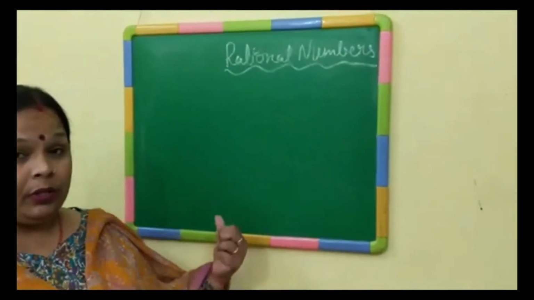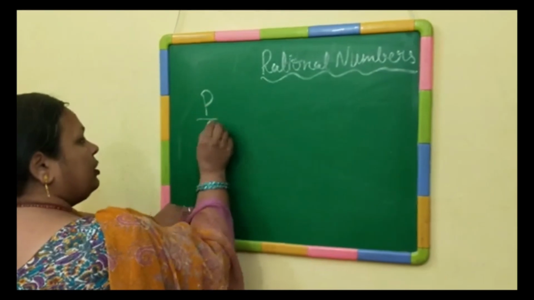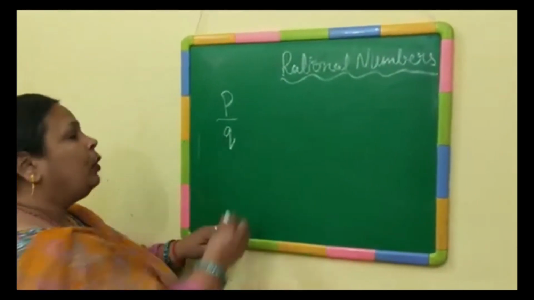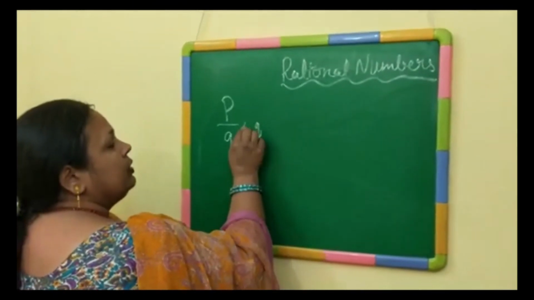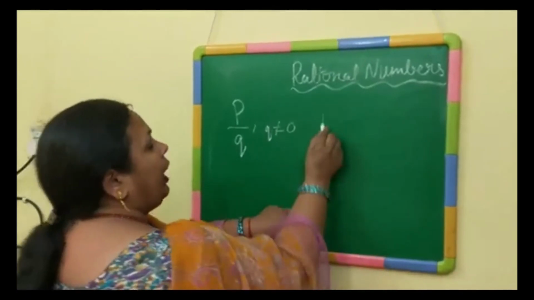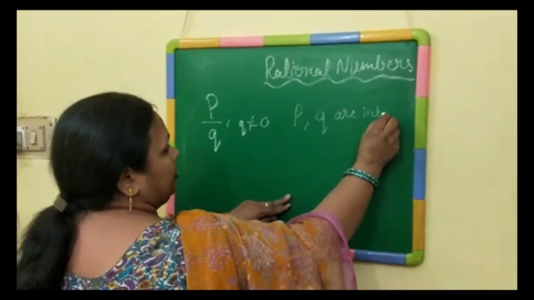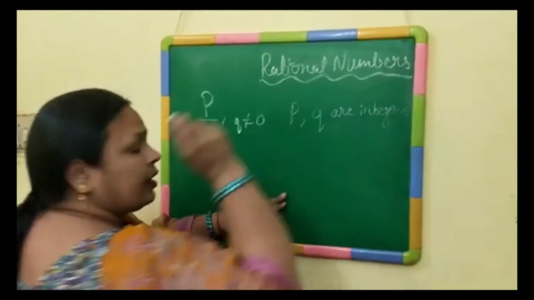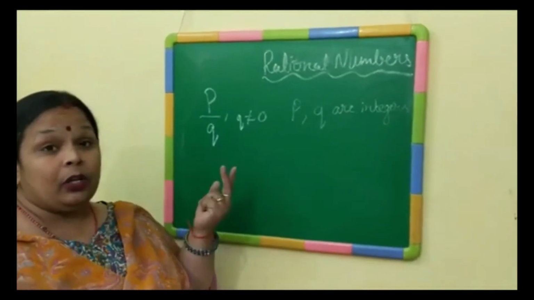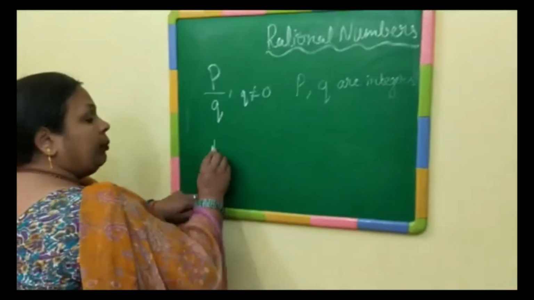The definition of a rational number says: a rational number is any number which can be written in the form p by q, where q is not equal to 0 and p and q are integers. Clear?